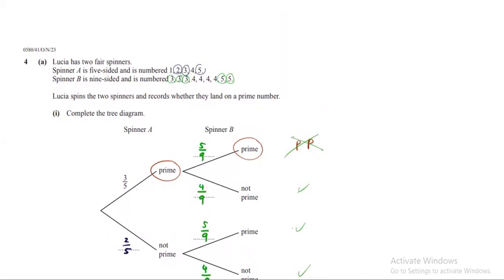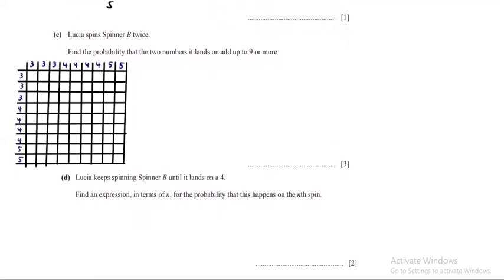The possible combinations in which we could get a 9 are: we can get a 4 the first time we spin the spinner, and then a 5; or getting a 5 in the first instance, and then a 4; or both being a 5. So these are the possible combinations in which we can get a total of 9 or more.